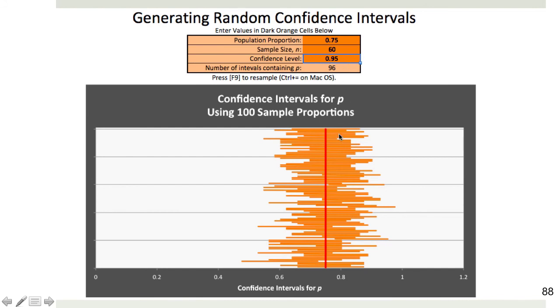It plots 100 of those intervals here on this graph. So this red line right here represents the population proportion of 0.75.